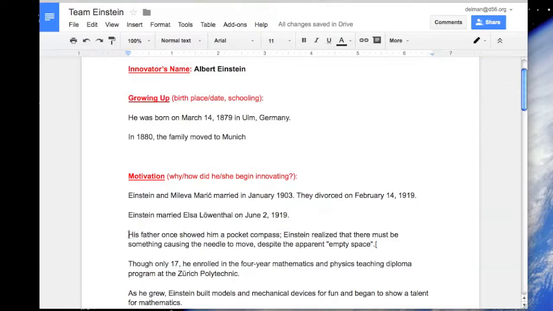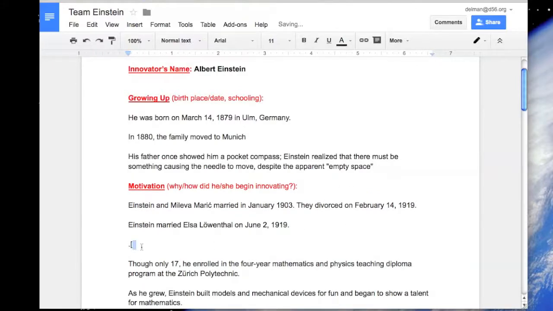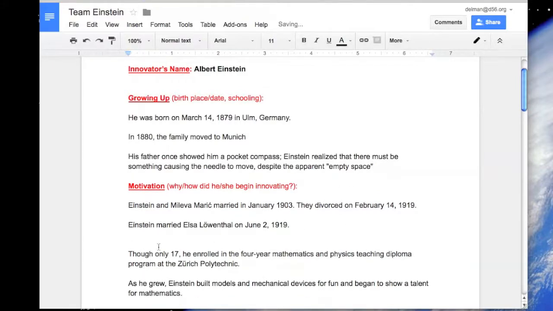Okay, so then this sentence here, his father once showed him a pocket compass. Okay, this should go up in growing up. And this also, it's when he was 17 and then he enrolled in a course at college.